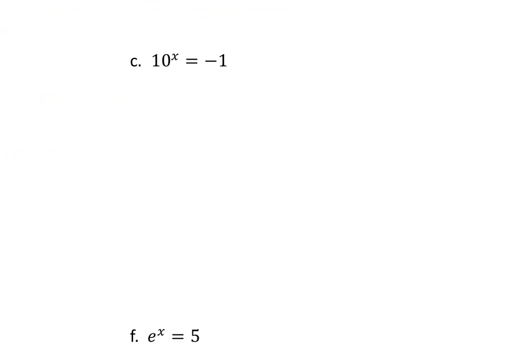All right, and the last one for our common log, or for our base 10, is we have 10 to the x equals -1. And for this, we have no solution.